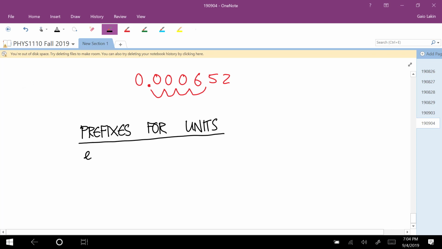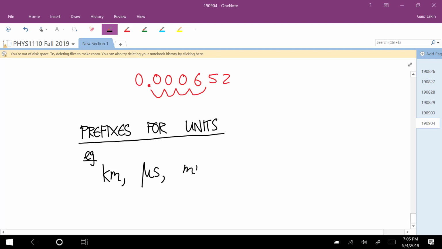So for example, kilometer, or microsecond, or, well, I can't think of any more. Maybe those are the only two.